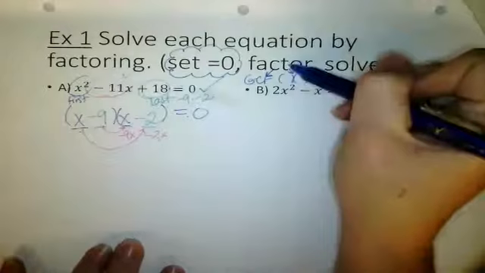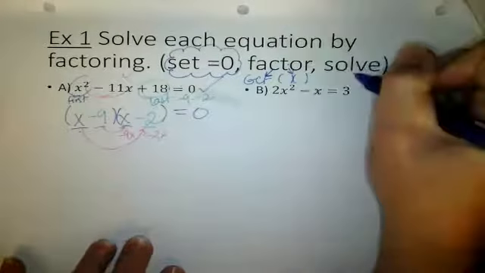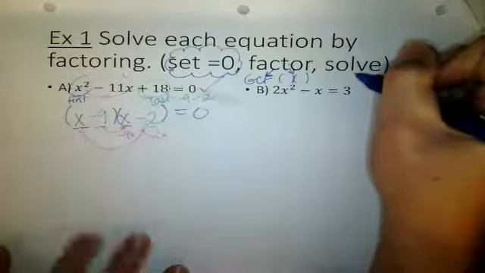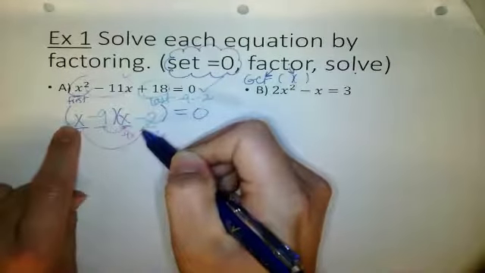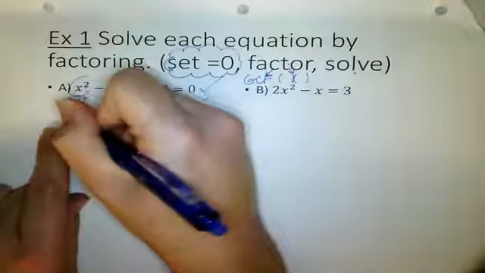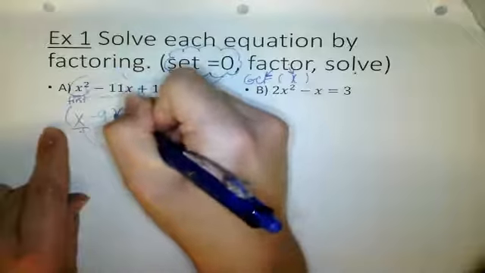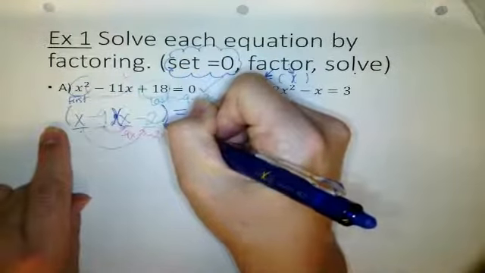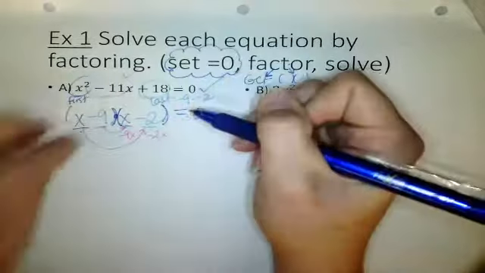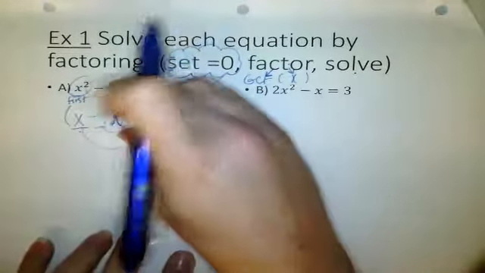Now, we factored. And the last step is to solve. What we have here is the zero product property. I have something times something else. It's a product, two things being multiplied together. This is the A thingy, and this is the B thingy.